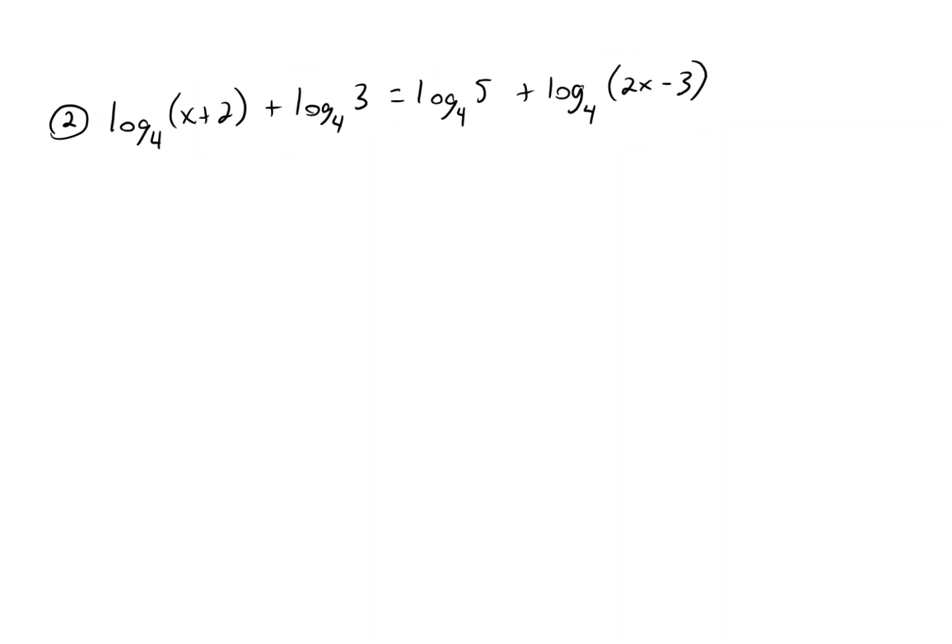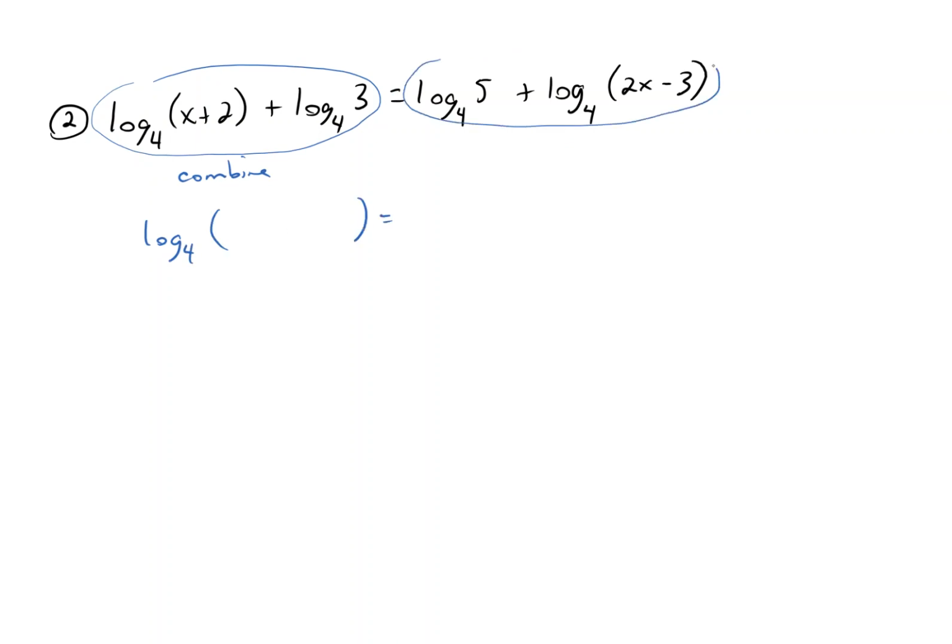So we don't have to move all the logs to the same side. Instead, we can just combine these two logarithms into a single log, and we can combine these two logarithms into a single log. So each side has a single log with nothing else. Okay?